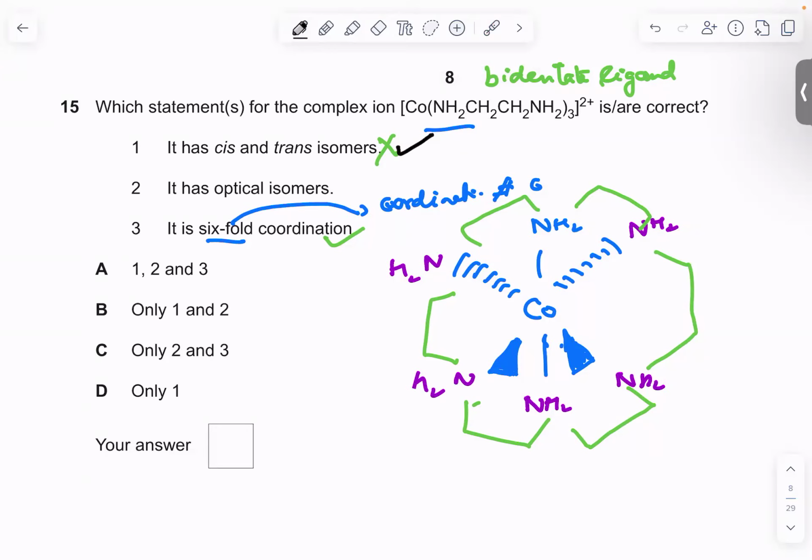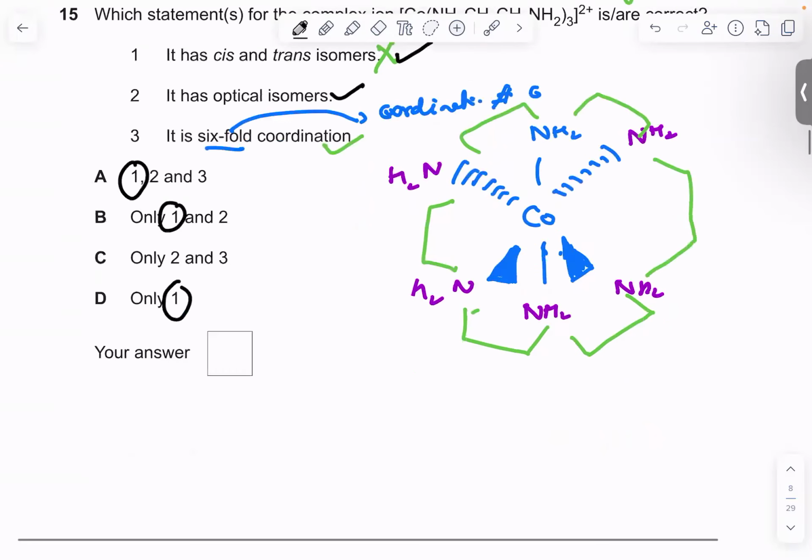It's a trick that if you are very sure that the first is wrong, then your answer should be two and three, because one is part of three options. So if one is wrong, then you are only left with two and three. Are you getting my point? No, I understand.